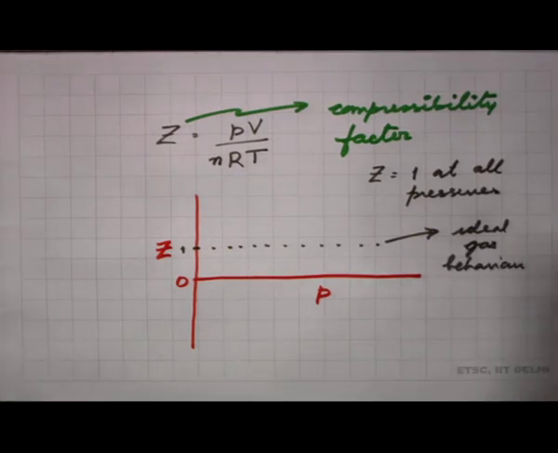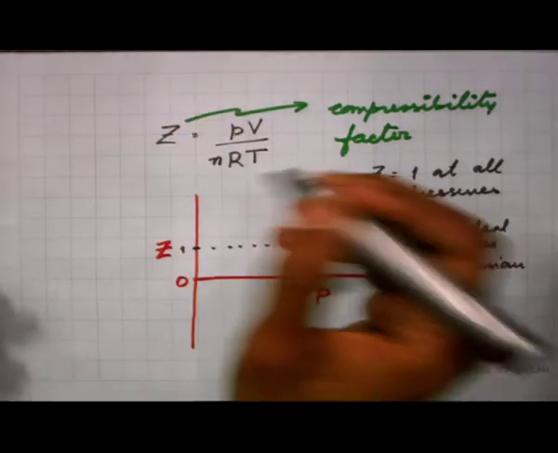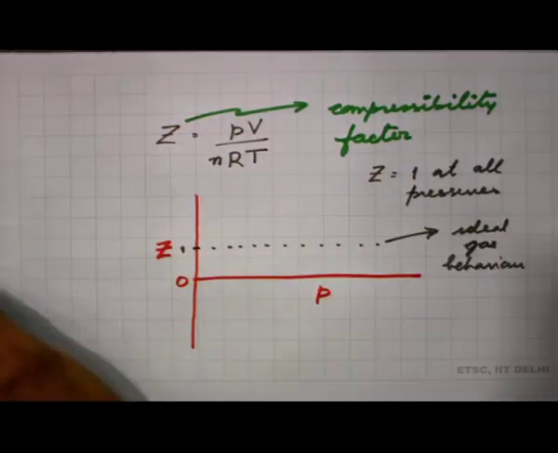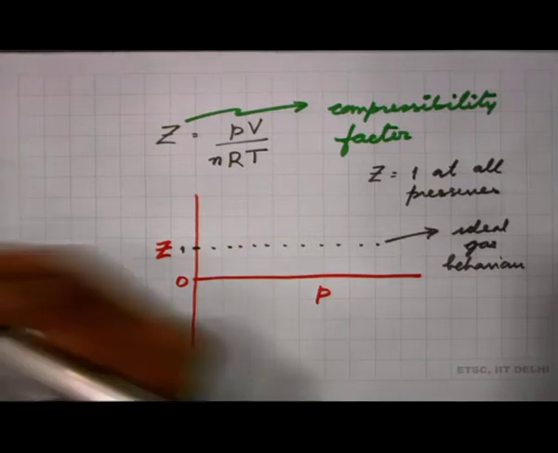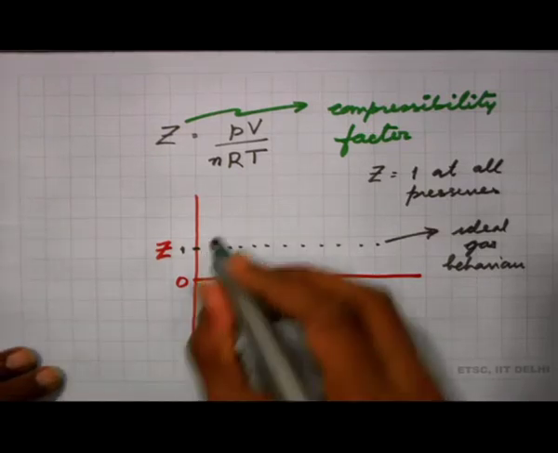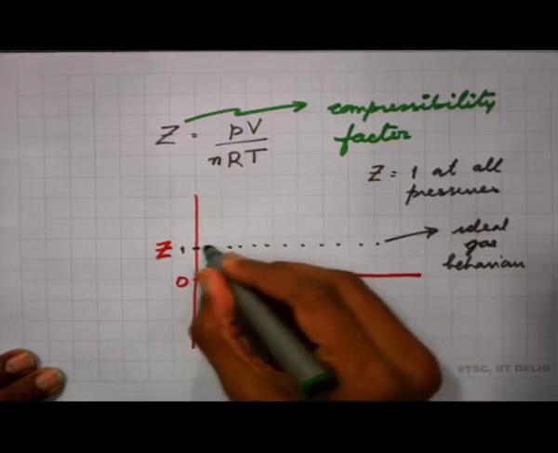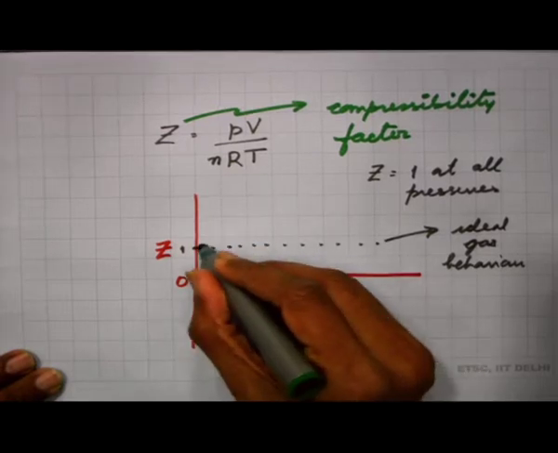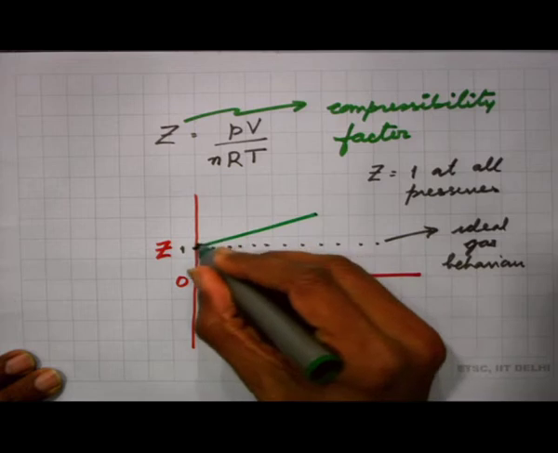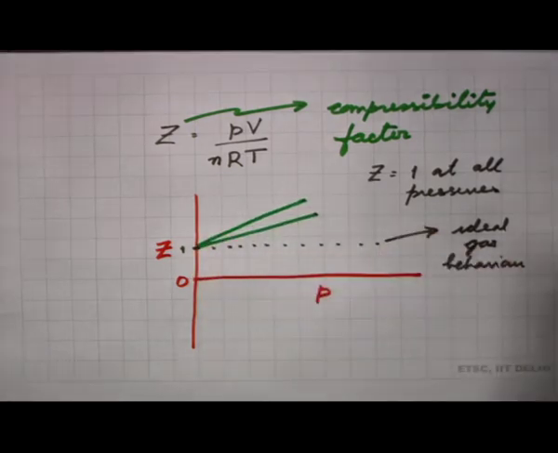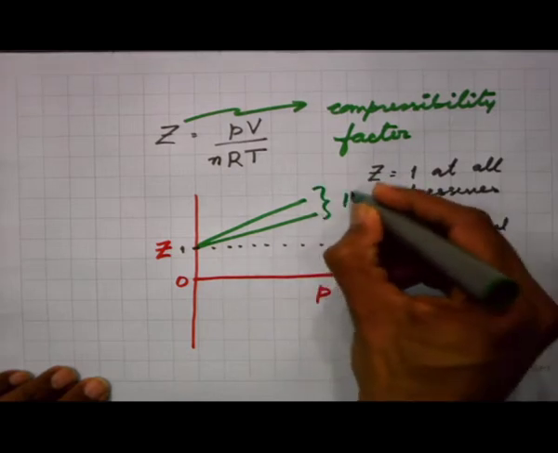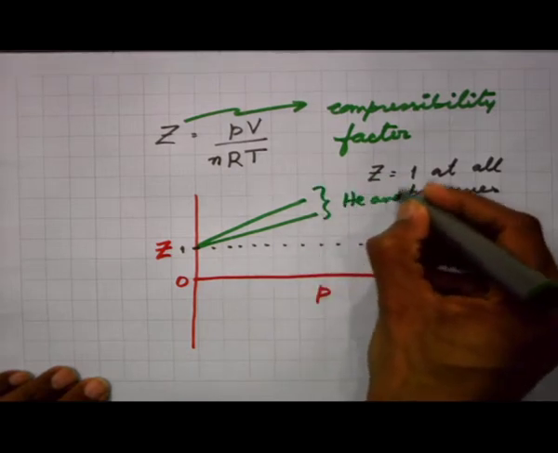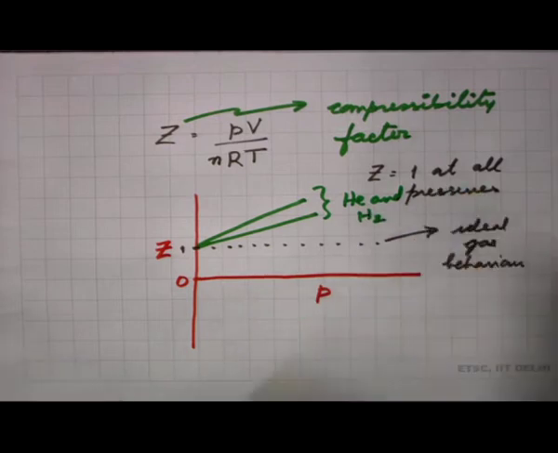Now, if you plotted Z for a real gas as a function of the pressure, then you find 3 different kinds of behavior. There is one kind of behavior where Z, starting off, goes always positive, and examples of this are helium and hydrogen. We are doing this at a particular temperature.